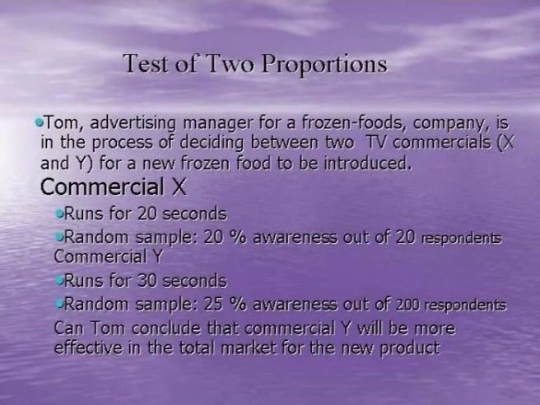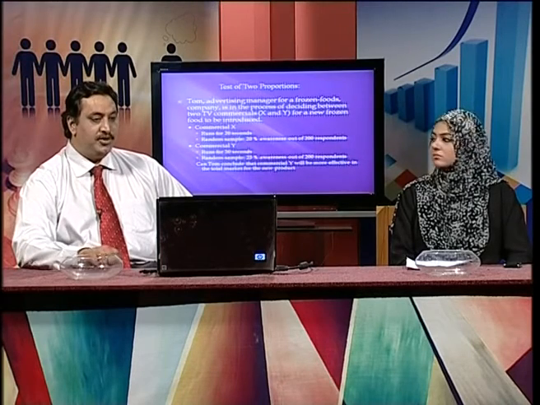Commercial Y runs for 30 seconds and has 25% awareness out of 200 respondents. It means 25% of 200, that is 50 people, responded after watching this advertisement. This 20% and 25% out of 200 is known as the proportion, the population parameter.